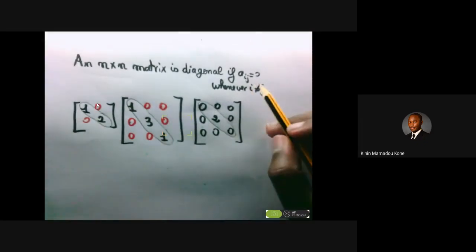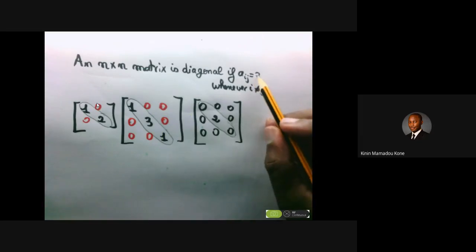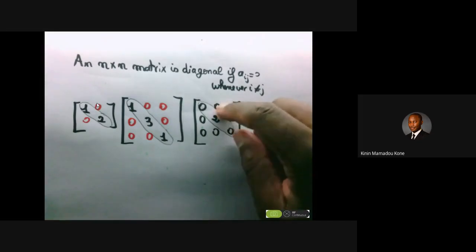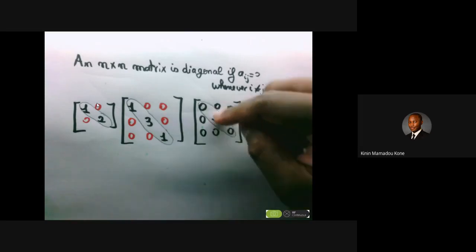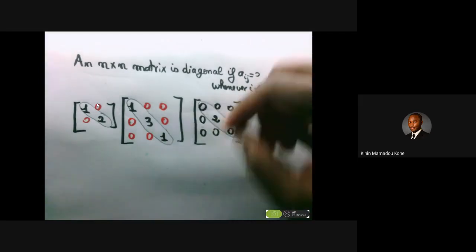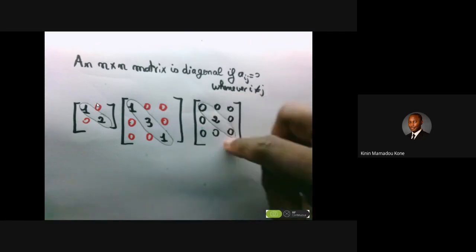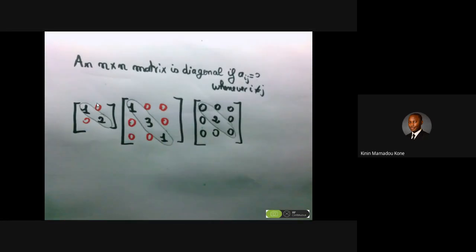The rule that whenever i is not equal to j, you have a 0, is not violated. If I had a 6 over here, then the rule would have been violated. But here I have 0 here, 0 here, but it's not important. What is important is that whenever i and j are not equal, you have zeros. So this is diagonal, this is diagonal, this is diagonal.